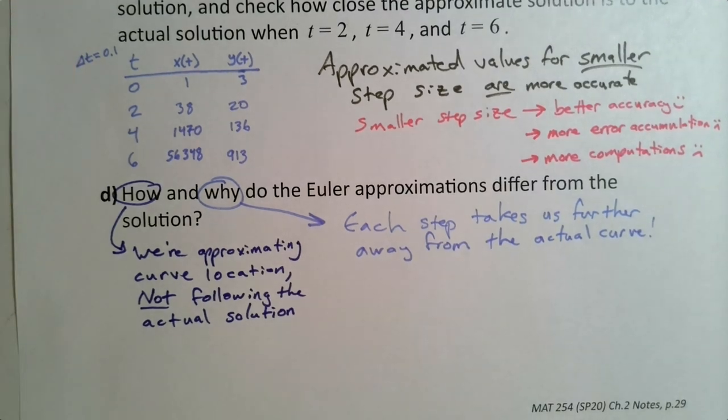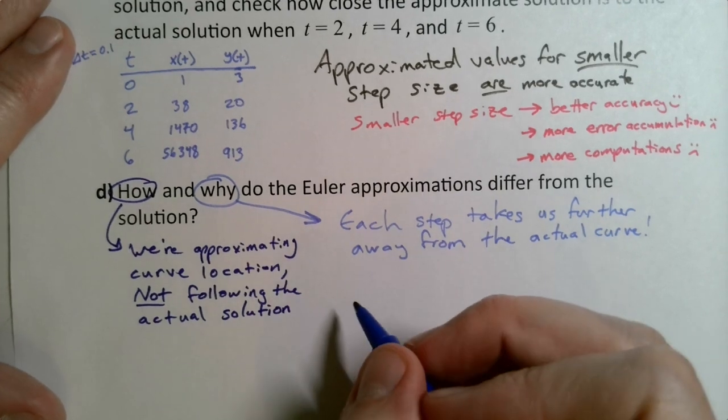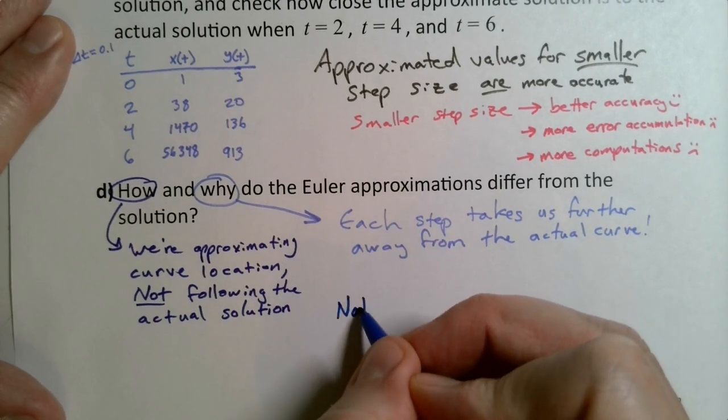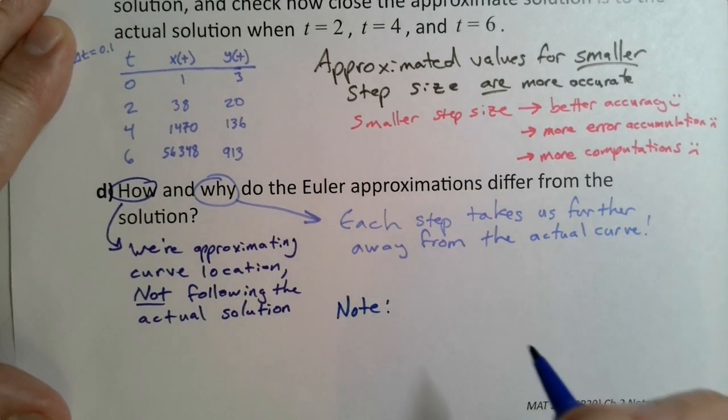So unfortunately, no matter what we do, we're always going to be approximating, and it's always going to be not great. But you've seen that if you take small enough step sizes, you can do a pretty good job of approximating until things get just too complicated. And so I do want to add one more little note, just as a callback to our experiences in Chapter 1.